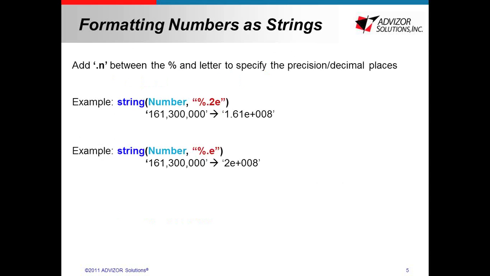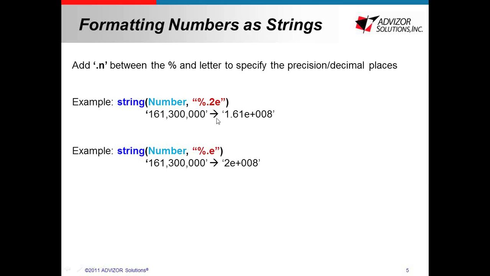In order to specify how many places are after the decimal point, you have to add a period and then a number for the number of places you want, and you put that between the % sign and the letter. So if I modify my original example and put a period and a 2 between the % and the E, this tells the Expression Builder that I want two places after the decimal point.